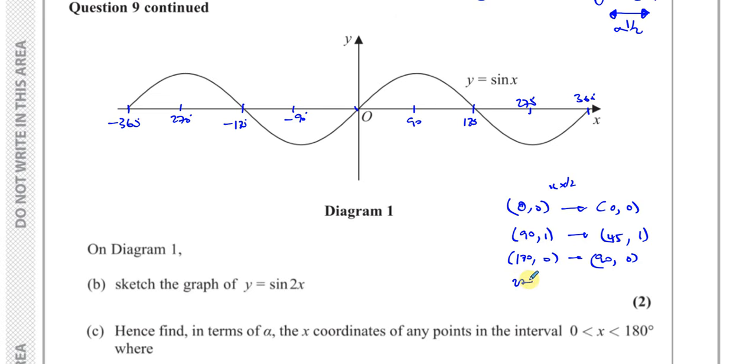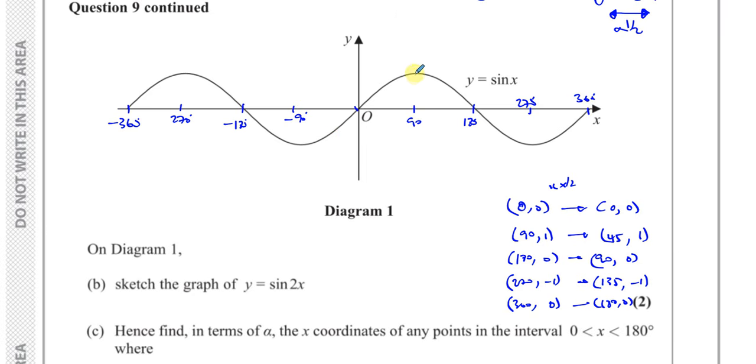And 270, negative 1, it becomes 135, negative 1. The y values don't change, the x values are halved. And 360 and 0 becomes 180 and 0. And similarly on this side, okay, negative 90, 1 becomes negative 45, 1. So negative 90, negative 1, negative 45, negative 1, and so on.